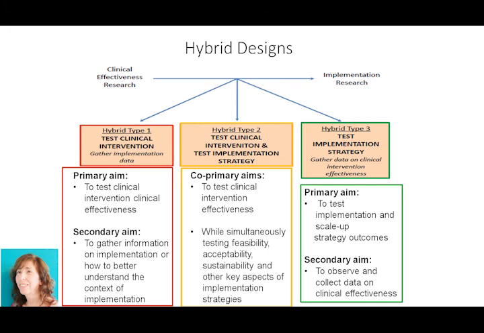Finally, in hybrid type 2, there is a dual focus on the clinical outcomes and the implementation-related factors. Both are equally important, both are at the same level of hierarchy, and both are co-primary aims.